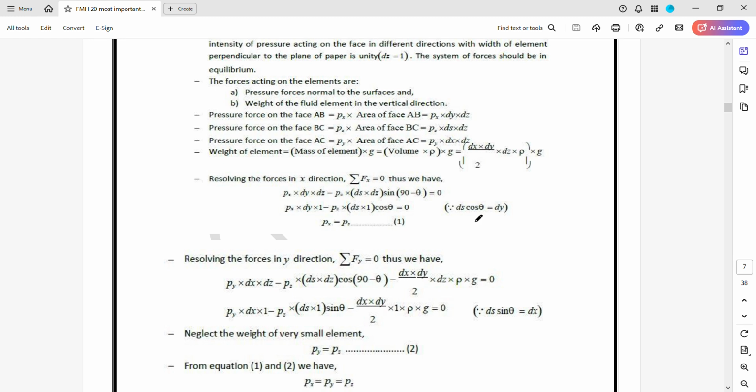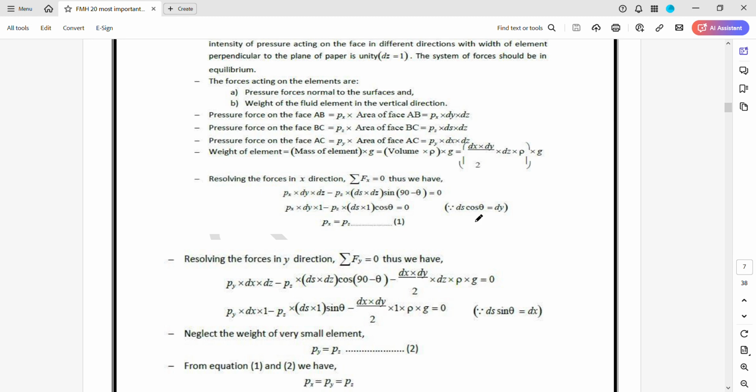Resolving the forces in the y direction. First we resolved in the x direction, now we have to resolve in the y direction. Thus we have, from the y direction, Py into dx into dz minus Pz ds into dz cos(90 minus theta) minus also dx into dy by 2 into dz into rho into g is equal to 0.